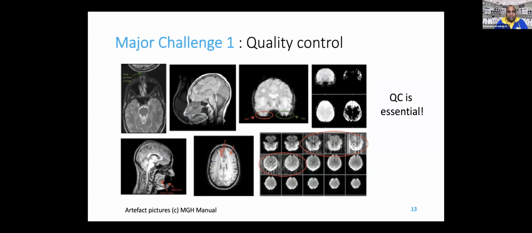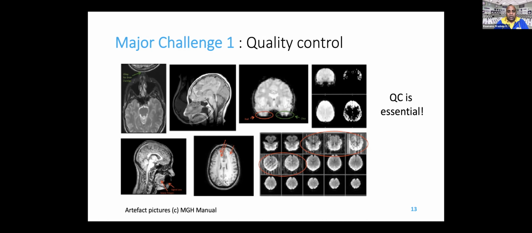When I say lack of quality, what I mean is people often don't look at their data closely enough. So quality control either is not done at all, or when it is done, it's in such a cursory manner that it's not effective, or it's probably not helping.